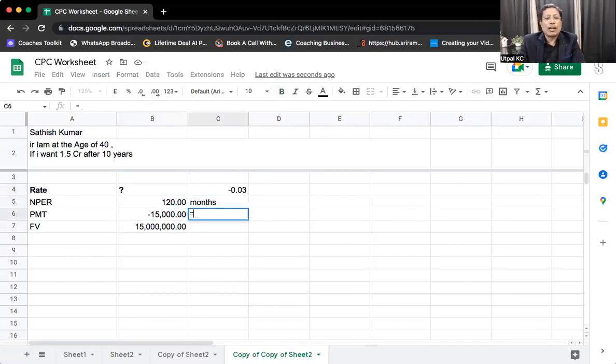If you invest 15,000 for 120 months, how much will you be making? Even if you do not invest, you will be making 1 crore 80 lakhs. 1.8 crores, sorry. So you don't have to make any investment.